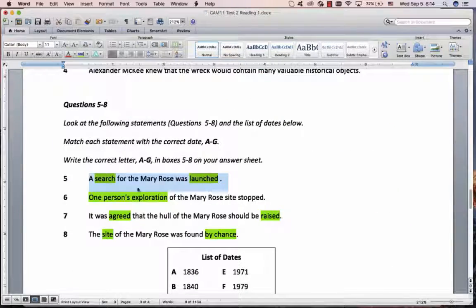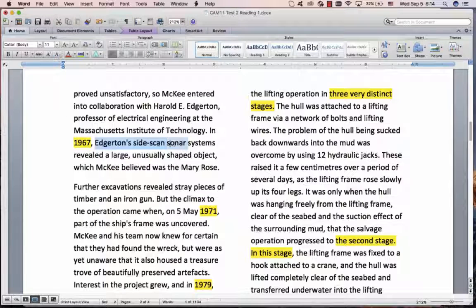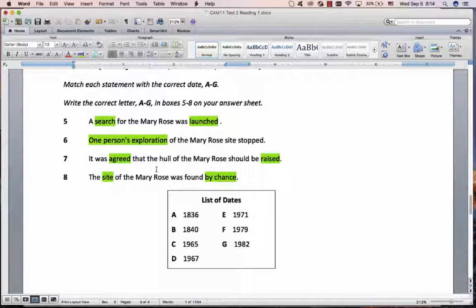So it's quite close to that one. 67. This guy's side scan sonar systems revealed an object. So this means this equipment found this object and he thought it was the Mary Rose. Anything here about finding it? And no, so nothing. 67.